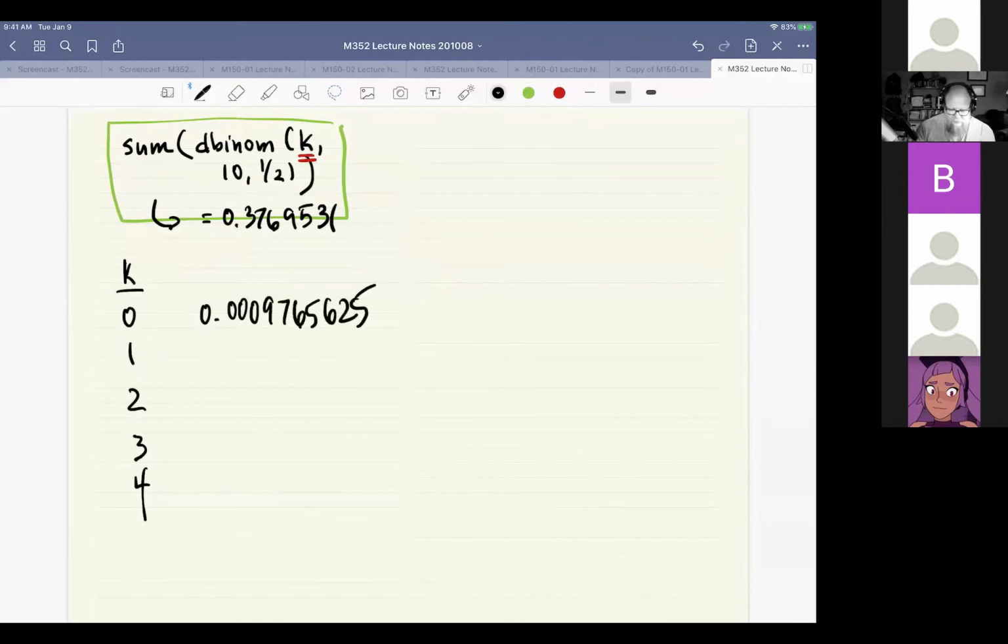This is what I get when k is 0. What's the probability that you get no heads? What's the probability you get one head? Two heads? Three heads?